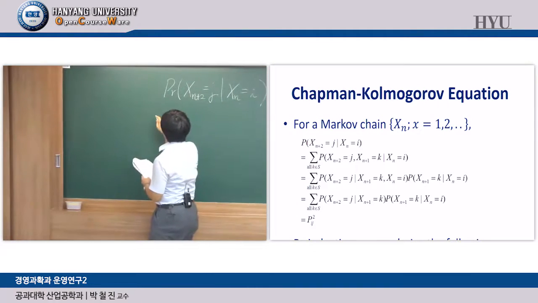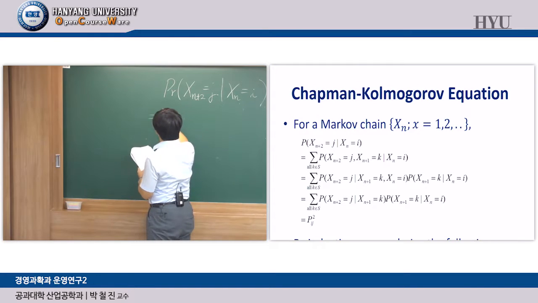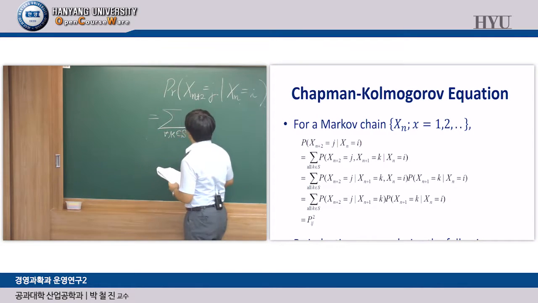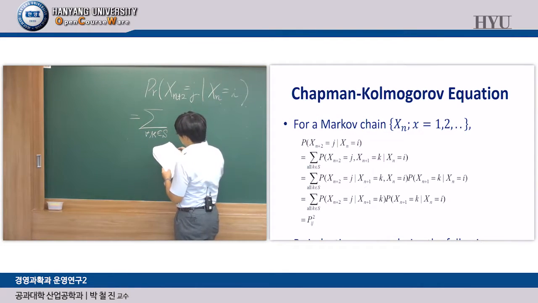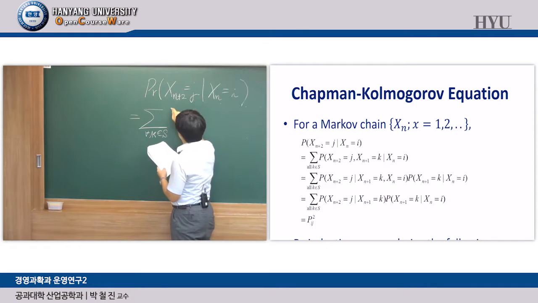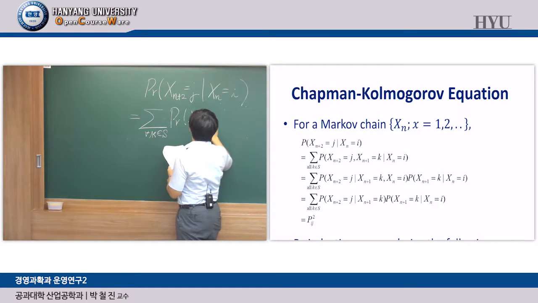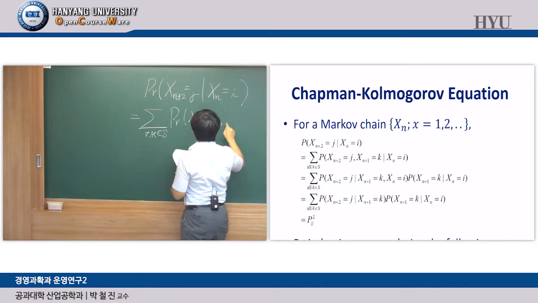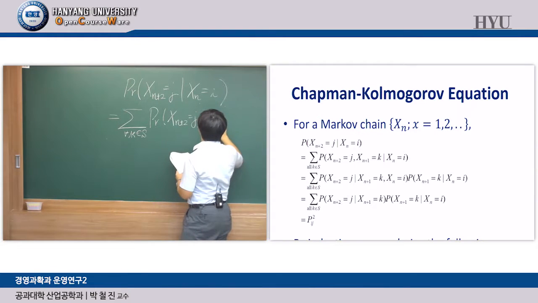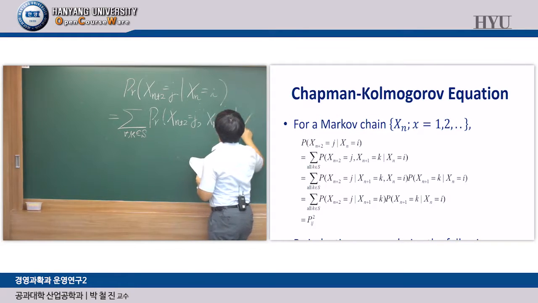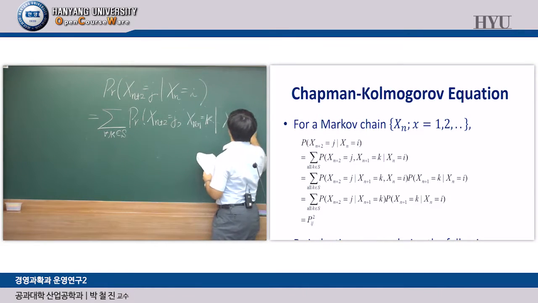Actually, we can rewrite this for all possible cases in the state space. This probability is the same as X_{n+2} equals j, comma, X_{n+1} equals k, given that X_n equals i.